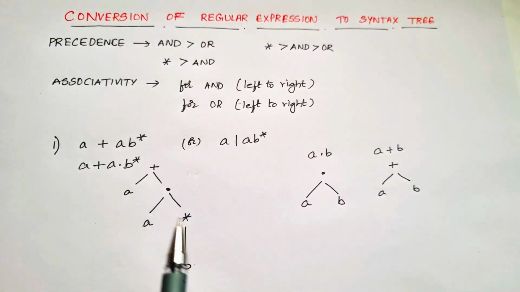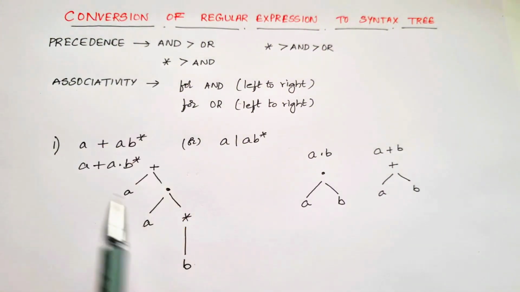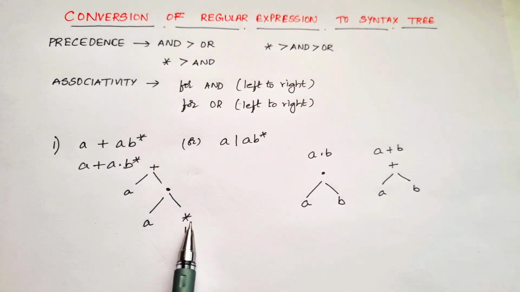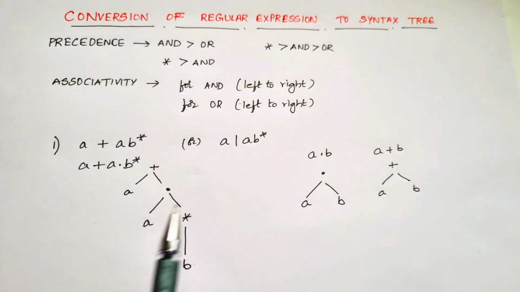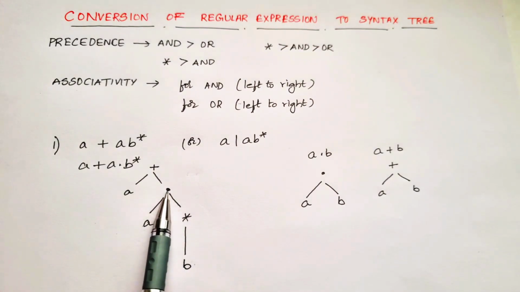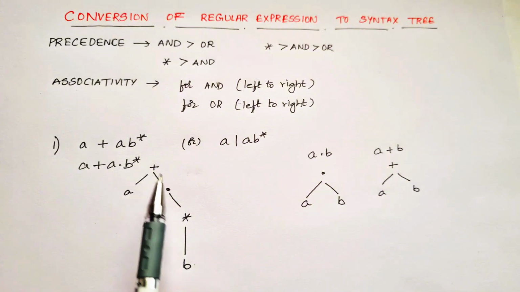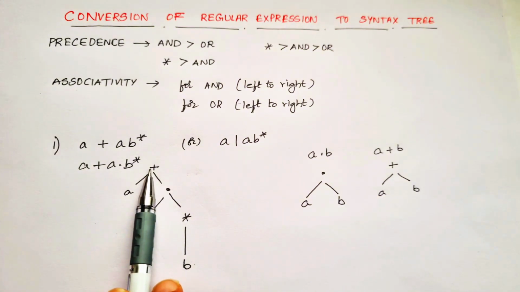Here we have to see one thing. Based on the precedence level, the operation will appear in the syntax tree. Whatever operator has higher precedence will appear at the lower level in the syntax tree. See here, star has higher precedence than any other operator, and then AND has higher precedence, and then plus.